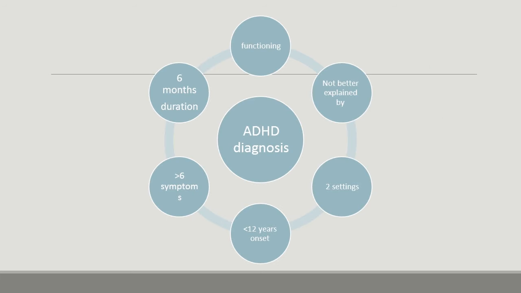So for diagnosing ADHD, we need all the criteria to be present. That is at least 6 symptoms with onset before 12 years in 2 different settings, not better explained by other psychiatric disorder, impairing the function, and of at least 6-month duration.